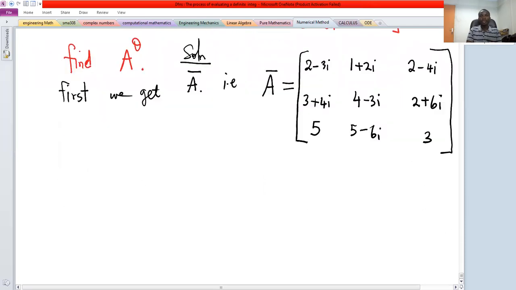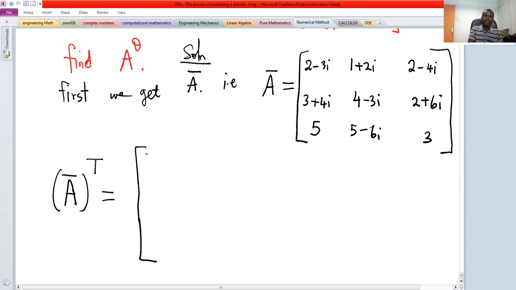Now, once we have the conjugate of matrix A, we get its transpose. The transpose of this matrix means rows become columns and columns become rows.